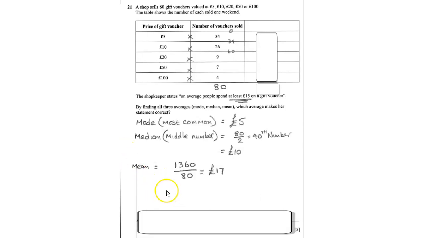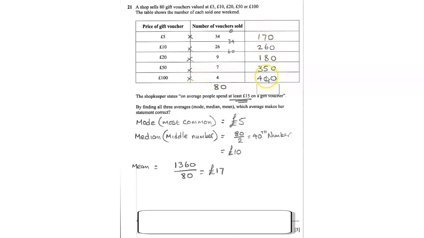So the next one is the mean. So we have to find an FX column here. This is your FX column at the end. So what you're doing is multiplying these two together. So it's 5 times 34, 10 times 26, 20 times 9, 50 times 7, 100 times 4.